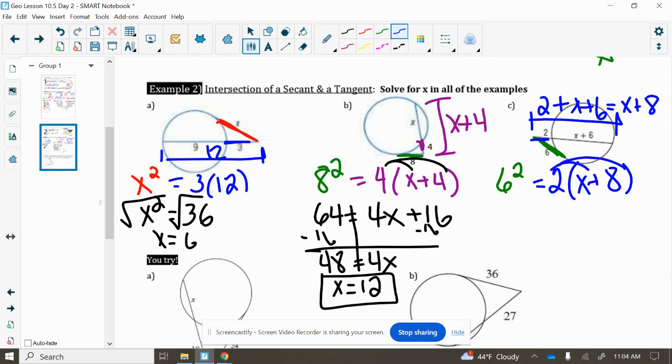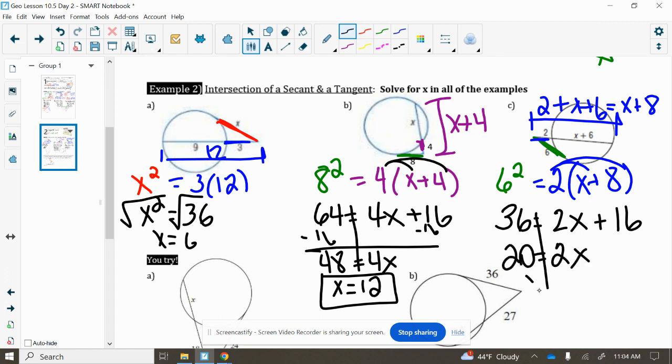Distribute to both pieces. 6 squared is 36. Distribute, we have 2x plus 16. Subtract the 16 over and divide by 2. X is 10 on that last example there.